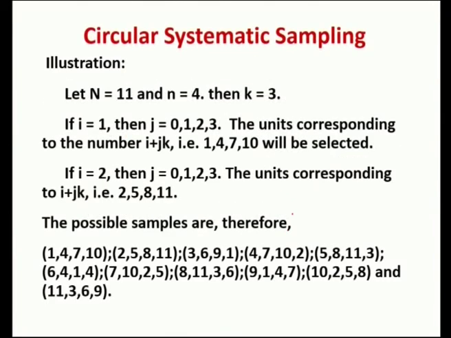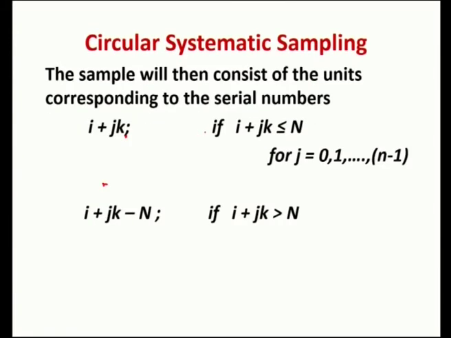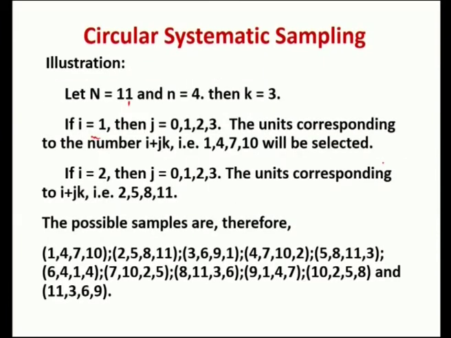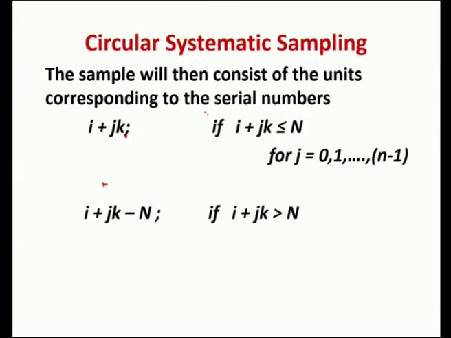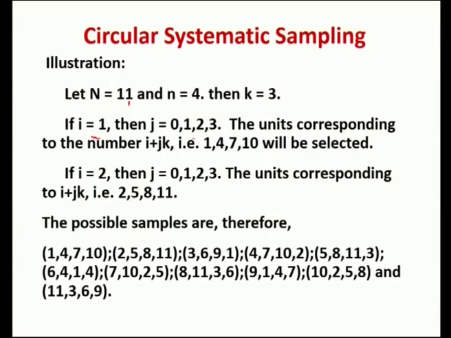And here also we have an illustration for circular systematic sampling. Let N equal 11, that is the population size, and sample size n equal 4, then k is equal to 3. If i is equal to 1, then j is 0, 1, 2, 3. Here the condition is j ranges up to n minus 1, where n is the sample size. So n is 4, and 4 minus 1 is 3, so j ranges from 0 to 3.